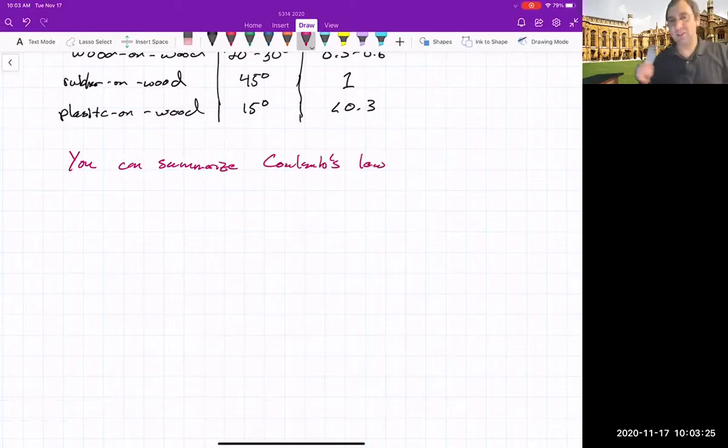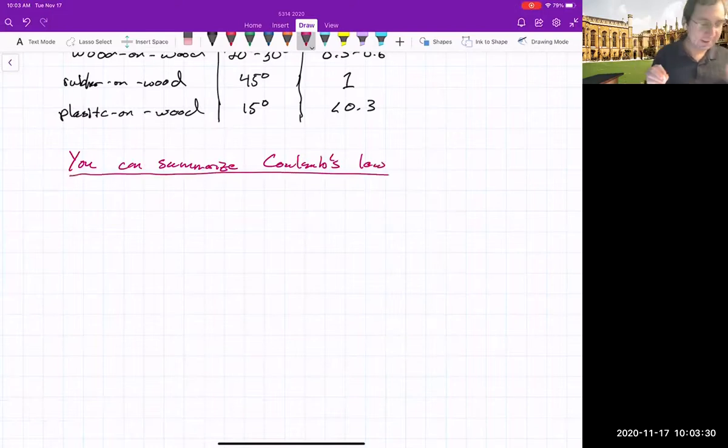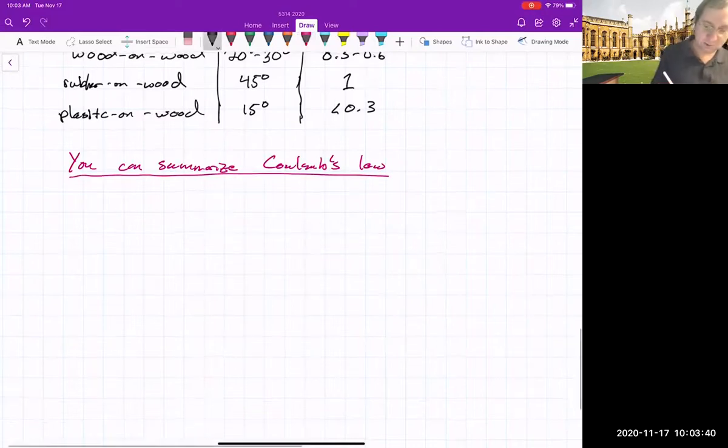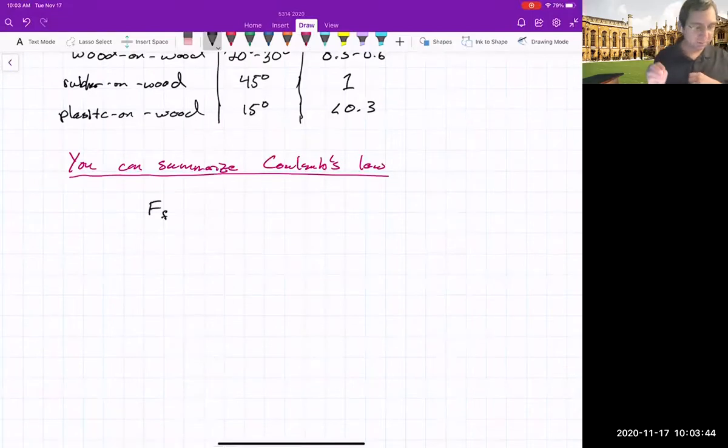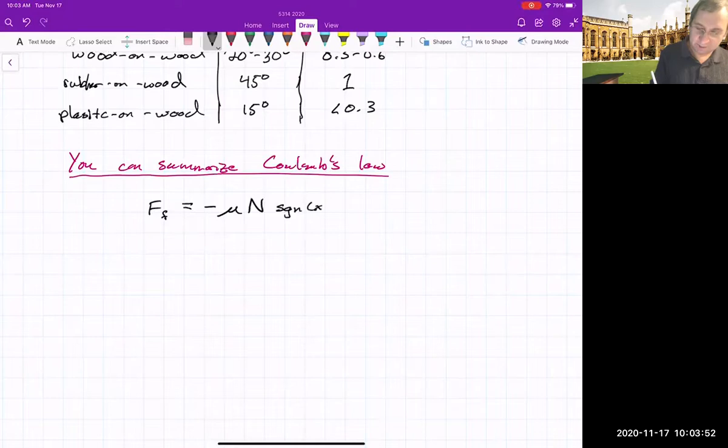This tricky stuff about initiating motion, people fuss about it. Usually what we're talking about is that motion has already been initiated, so what is the effect of friction? But here's how you would summarize Coulomb's law. You'd say the force of friction, which is always tangential to the surface, is going to be negative mu times the normal force times the sign of x dot.